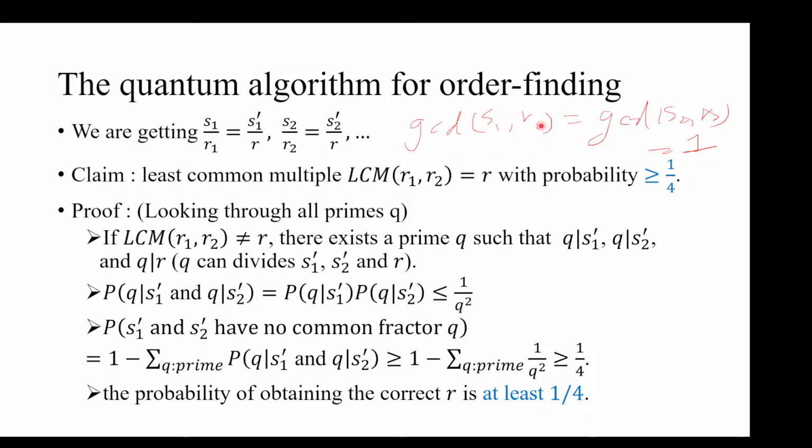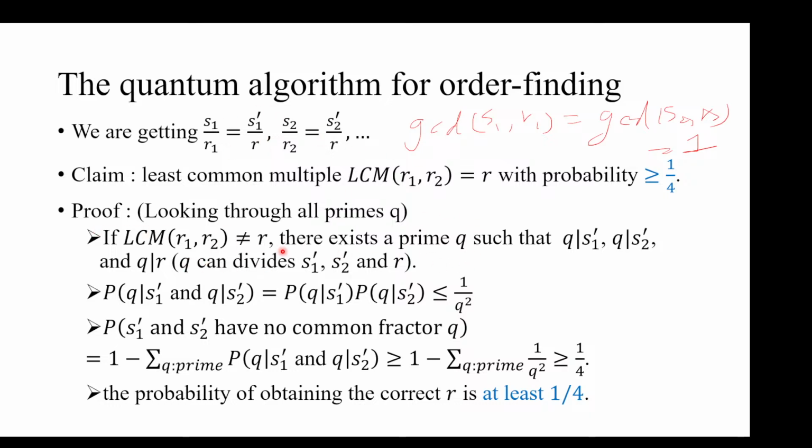So this is the greatest common divisor. This S1 R1 S2 R2 are co-prime to each other, and then we want to ask in what case R1 R2 will not have their least common multiplier equal to R, and that's when they both lose some prime factor.